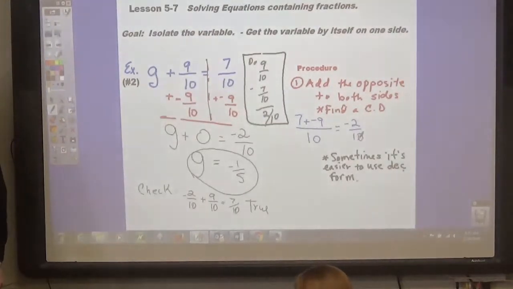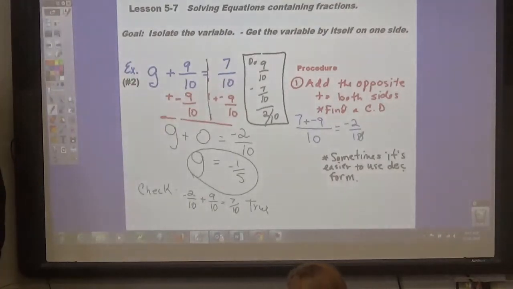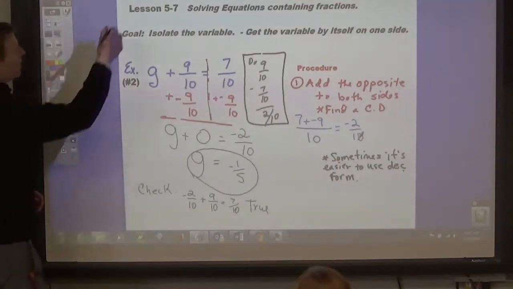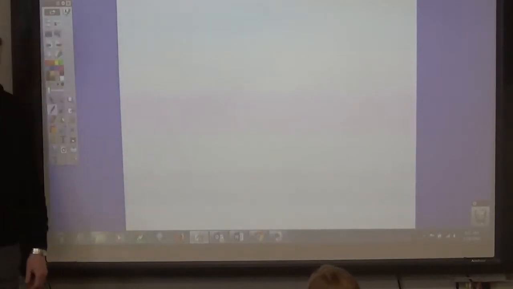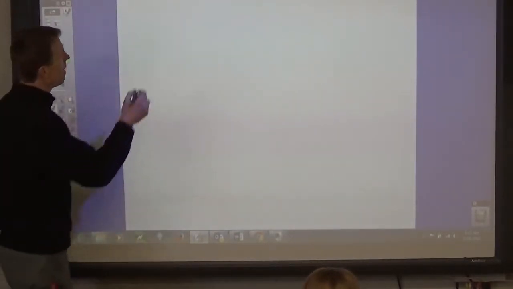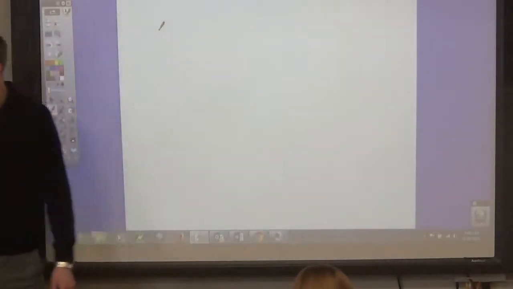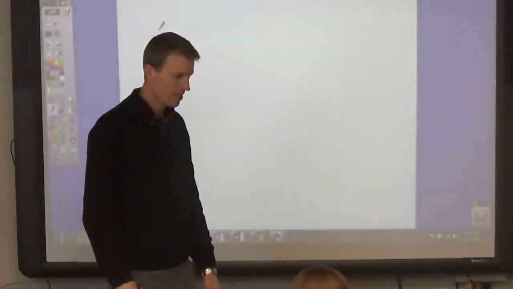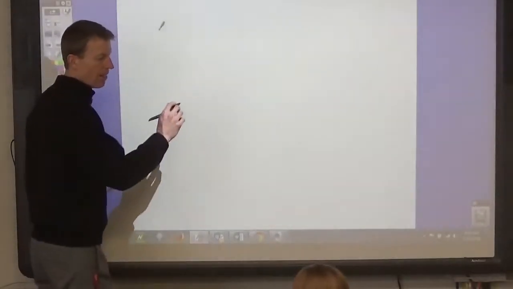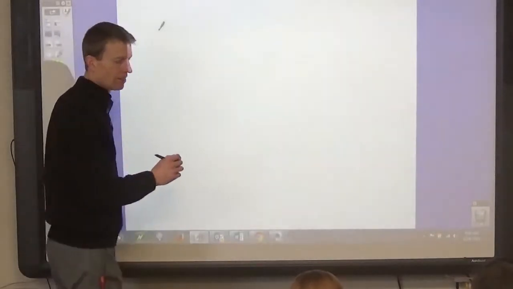Let's do example 2 in your book. Page 269, example 2. So, Aiden, what's the example 2? Read that for me. Yeah, first open to the right page. And then find example 2.